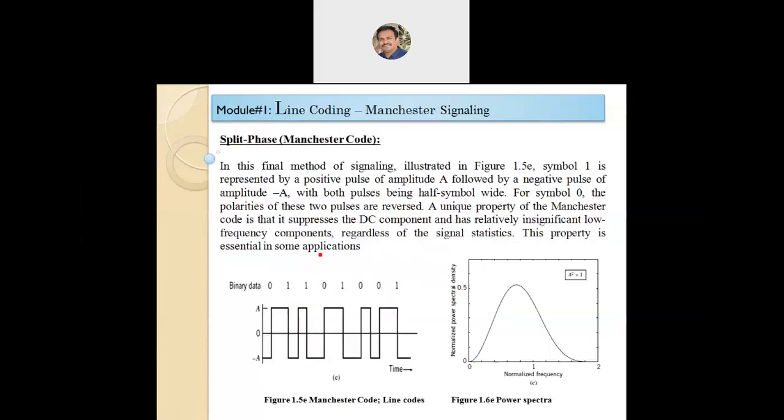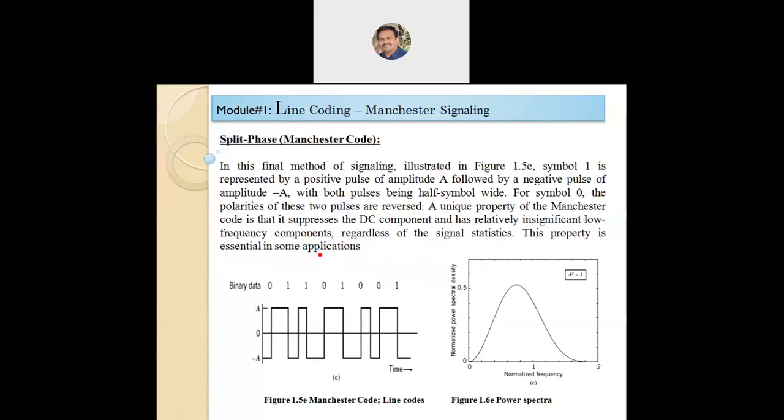Move towards the last line code, that is Manchester code, split phase code. In this method, symbol 1 is represented by a positive pulse of amplitude A followed by a negative pulse of amplitude minus A, with both pulses being half symbol width. For symbol 0, the polarities of these two pulses are reversed.